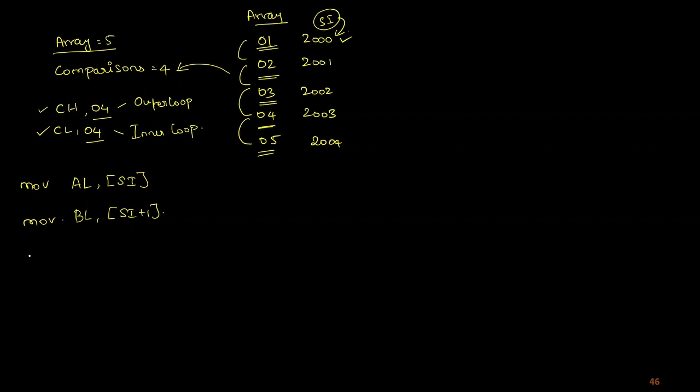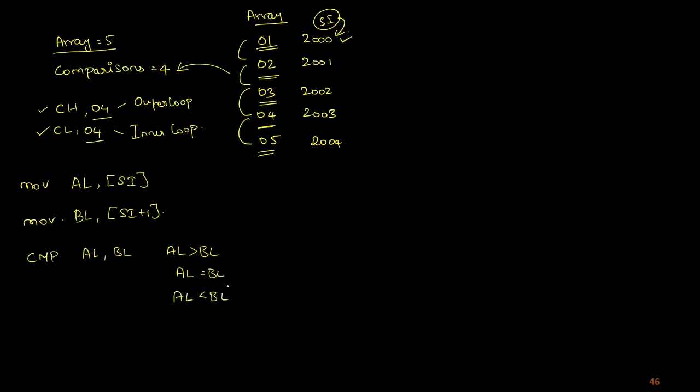After that, we have to compare those 2 elements, so a compare statement is needed with AL and BL. The compare statement compares AL and BL. I have 3 cases: AL is greater than BL, AL is equal to BL, or AL is less than BL.